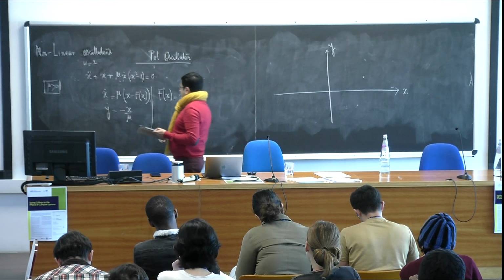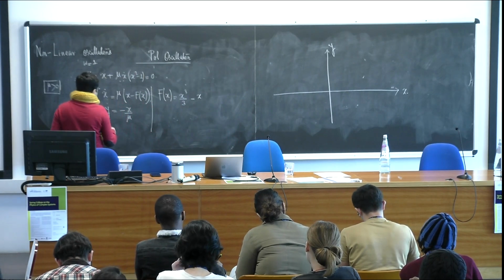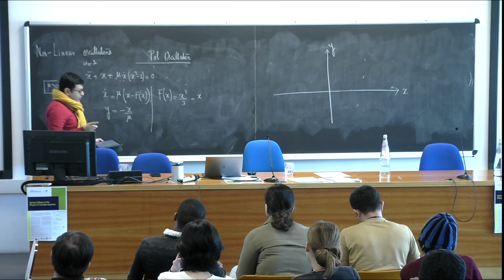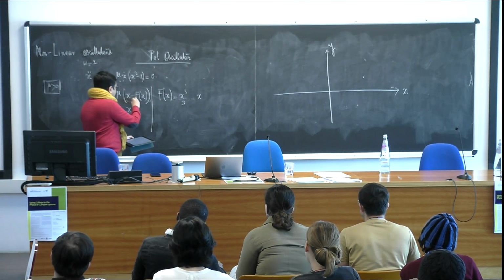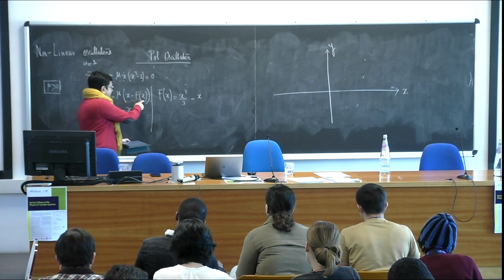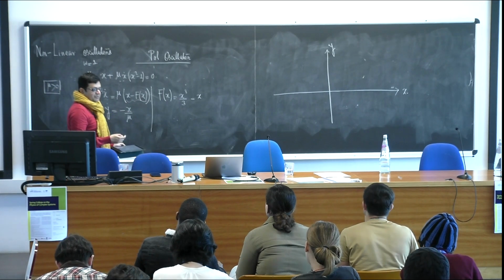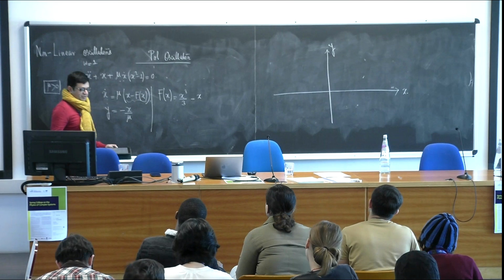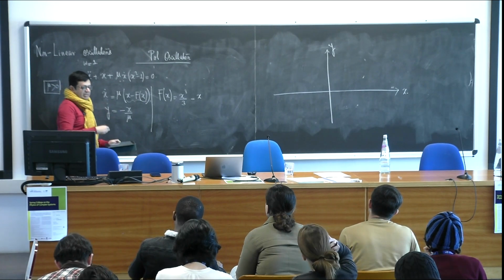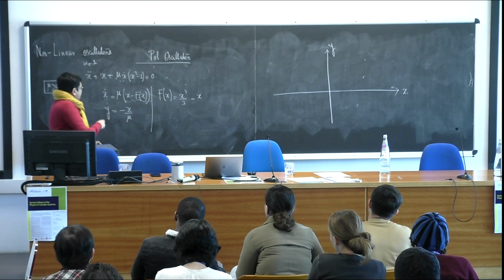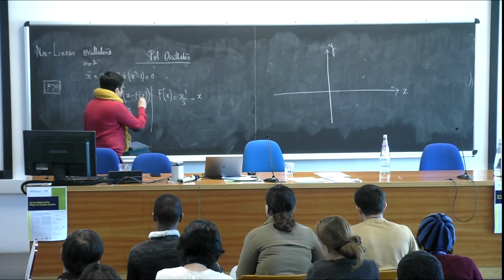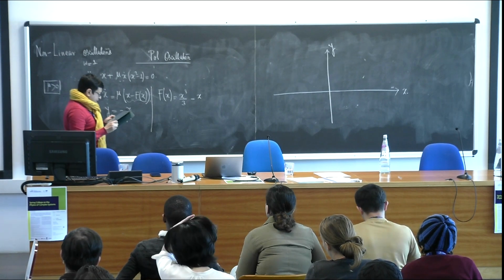Now one thing I note: mu being very large, x dot is going to be very large, y dot is going to be very small, but this will be true provided y minus f(x) is large. If y minus f(x) becomes small or equal to 0, then y dot will take over. So these are like two brothers, but this guy doesn't always remain the elder brother. Sometimes he changes sign. He becomes elder, and then he becomes younger. So therefore y minus f(x) is going to play an important role.